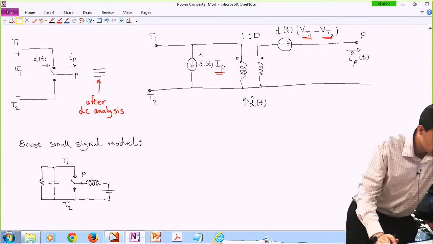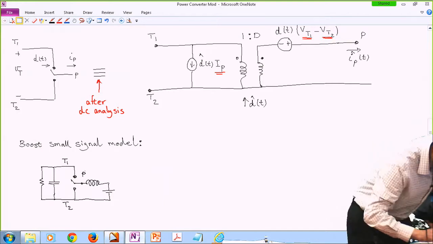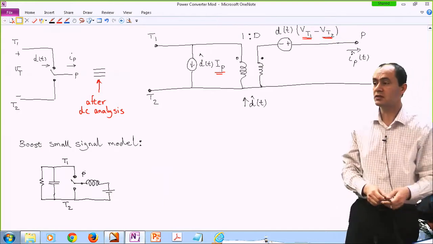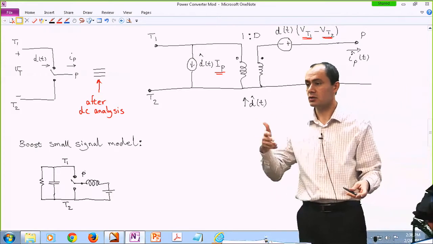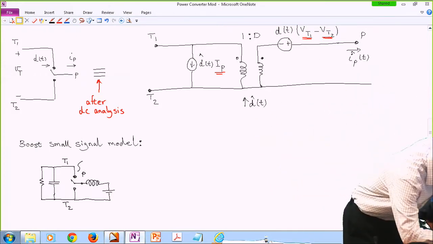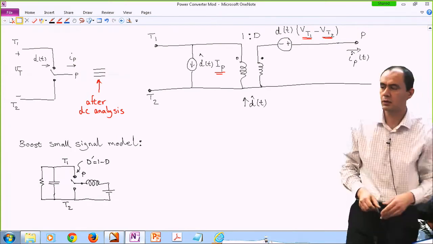The only difference, something that we are not familiar with, is that D in the boost converter is determined by the conduction of the bottom switch. So I have to do 1 minus D over here. This is the only tricky part.